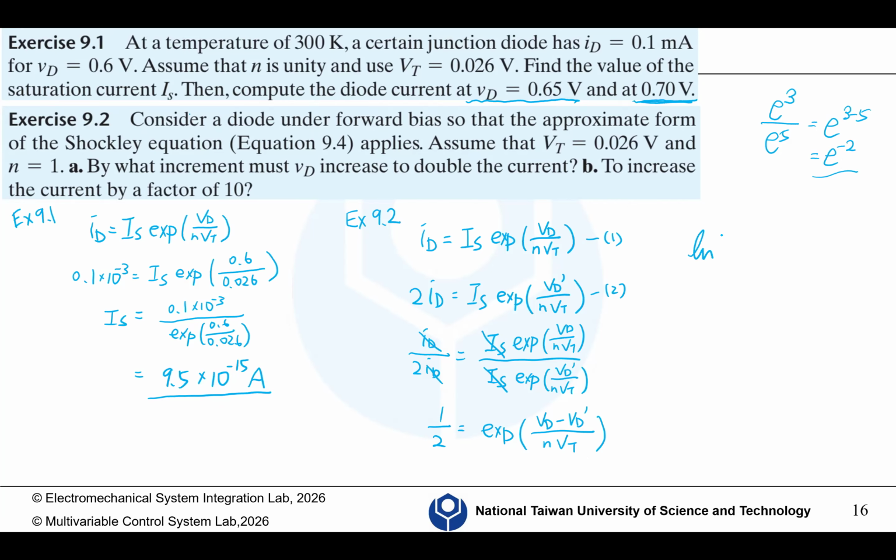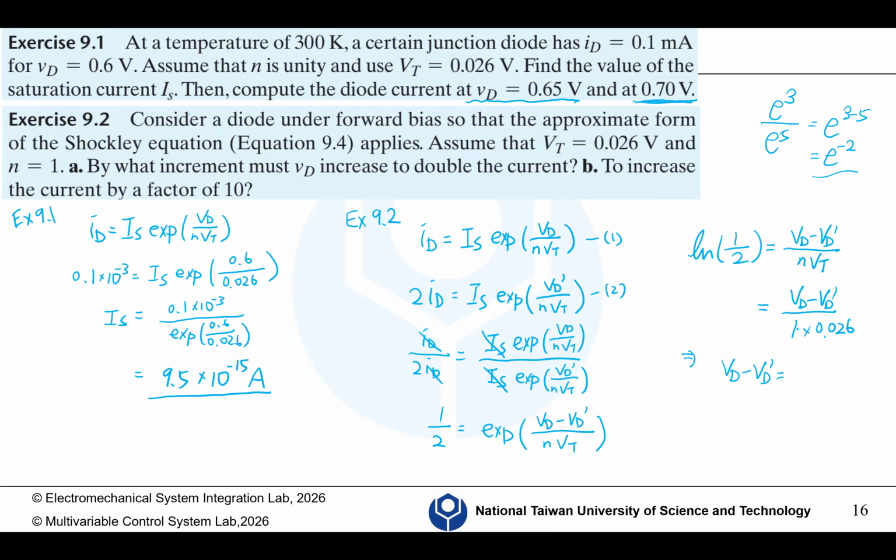So we have natural log 1 over 2 equals VD minus VD prime over nVT. So VD minus VD prime, and then n is 1, and VT is 0.026.